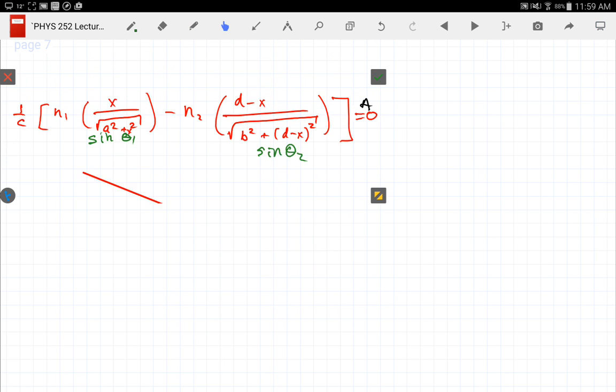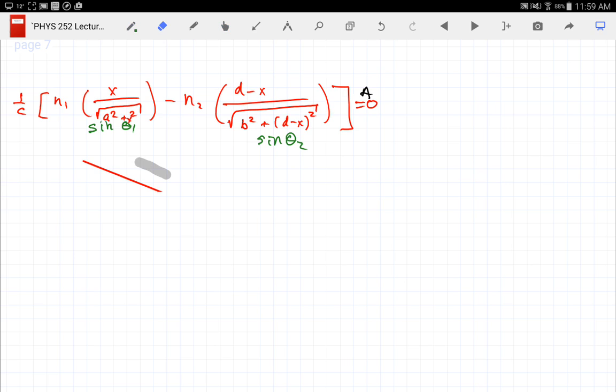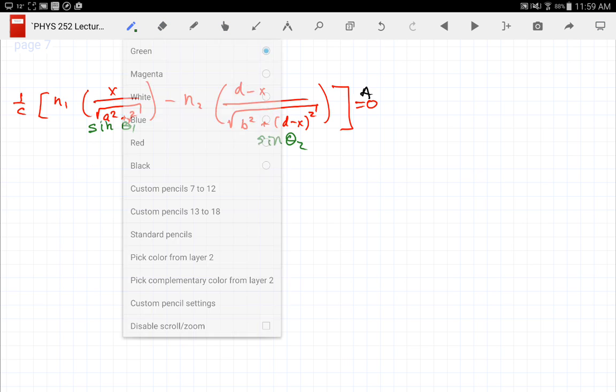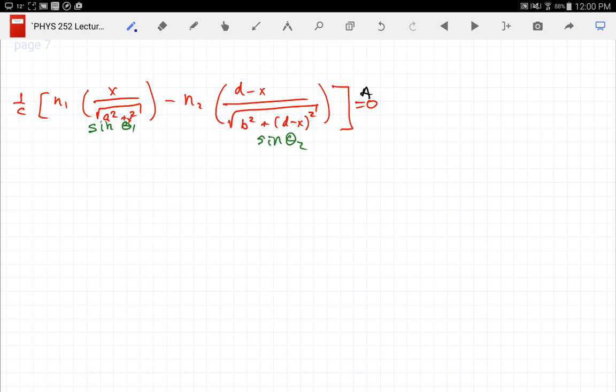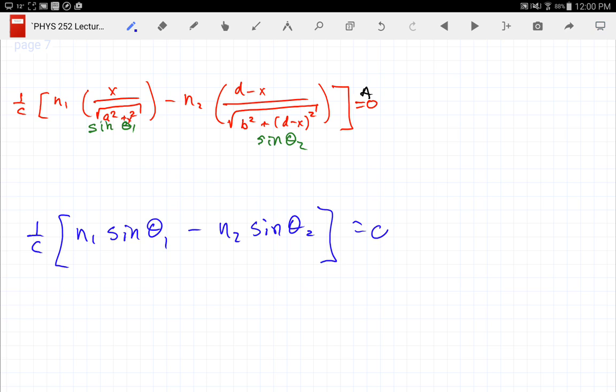So now what we have is, for time to be minimized or maximized, 1 over c times n1 sine theta 1 minus n2 sine theta 2 is equal to 0.